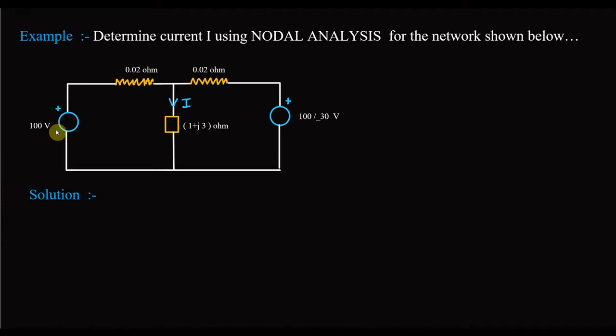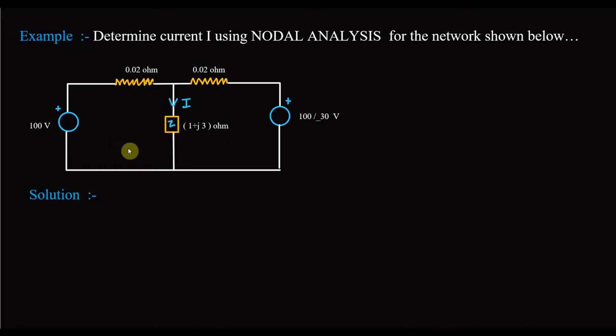Here you can see there is one voltage source, another voltage source, and two resistors. This is a box, and in the box they have written 1 + j3. Basically this 1 + j3 represents the impedance, so don't get confused. We have to solve this question using nodal analysis.